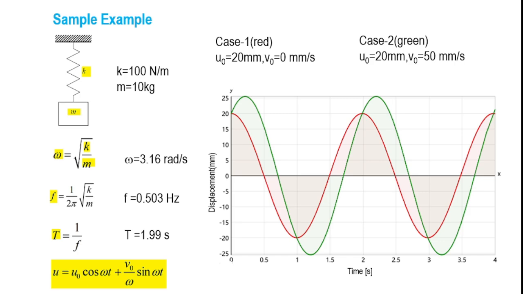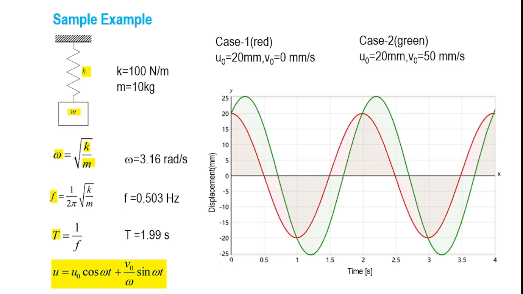And remember here 3 things. Number 1, the response continues, that is the amplitude of vibrations does not decay with time because it's an undamped system. Second, the system has an important parameter known as the natural frequency omega n, calculated as square root of k by m.